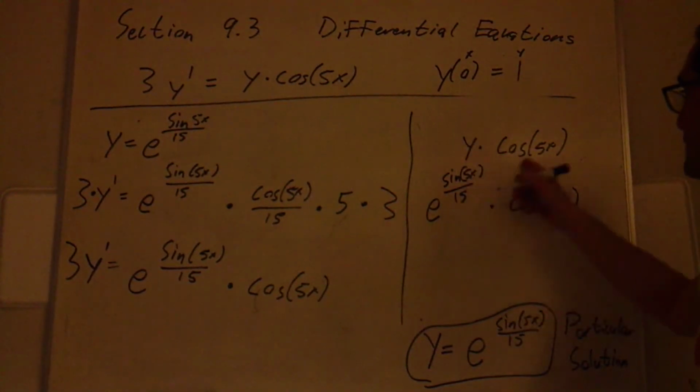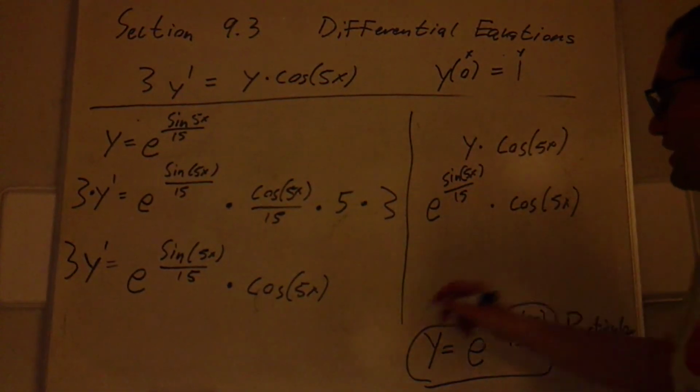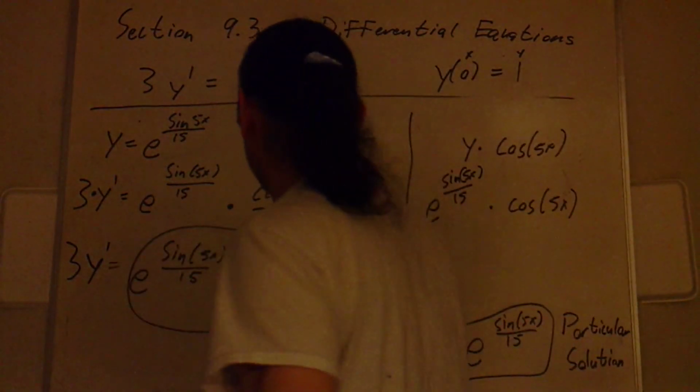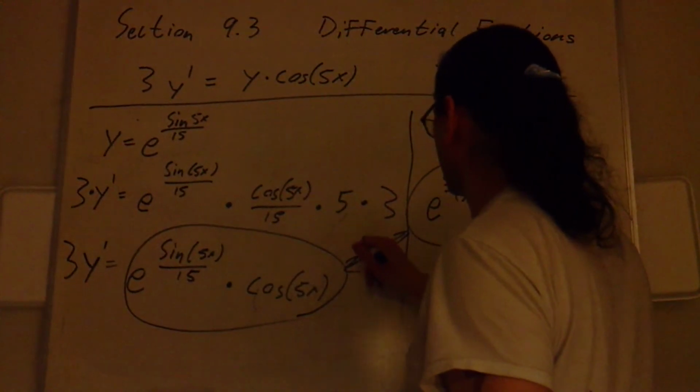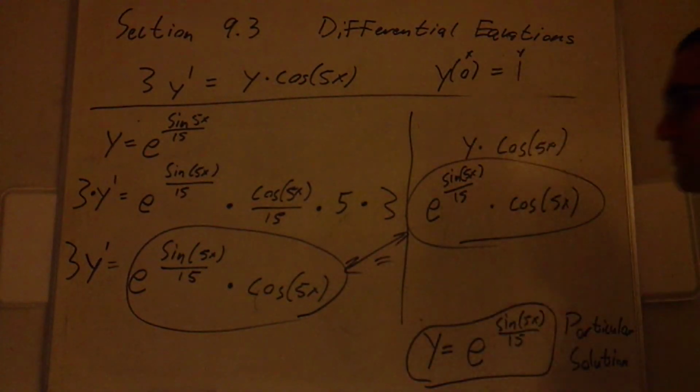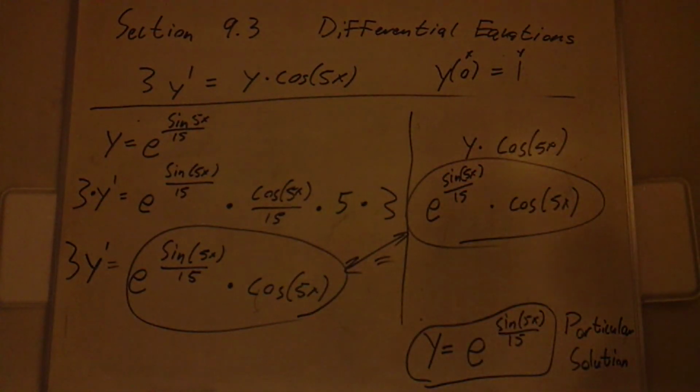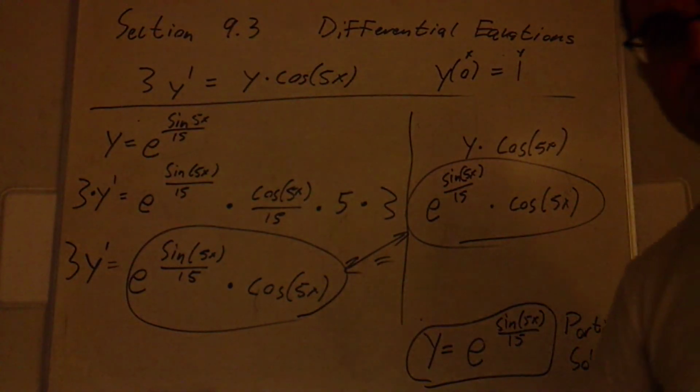This is y, this is times cosine of 5x. And these things match. So my solution is verified.